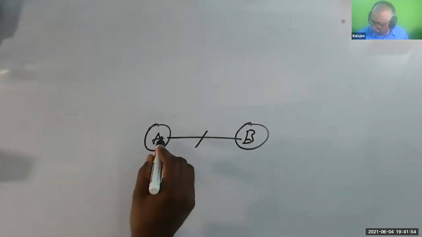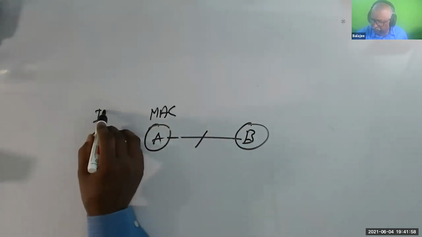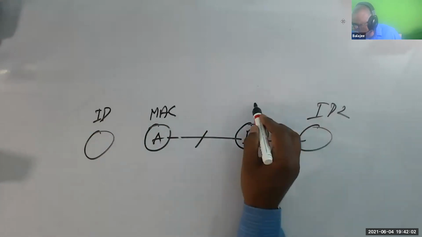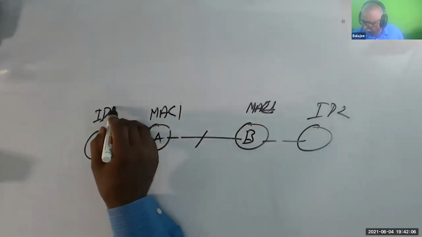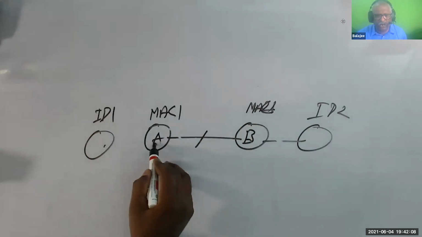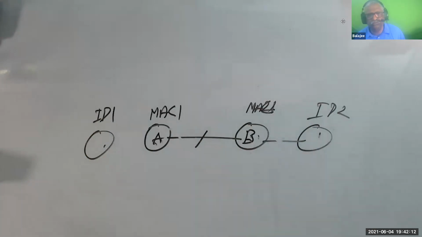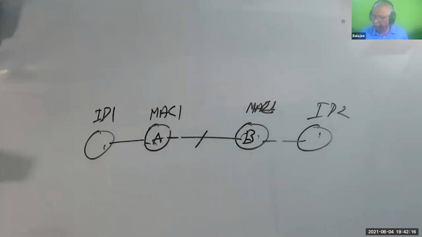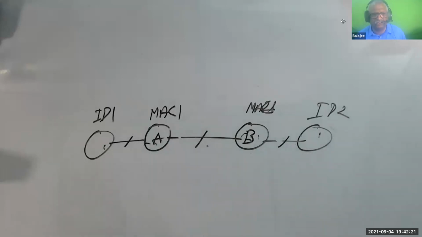Now what happened? The MAC gets the packets from IP, and this guy gives it to the other IP. IP1 gives it to MAC1, MAC1 gives it to MAC2, MAC2 gives it to IP2. Now, in the process, it could be because of MAC, it could be because of IP, the packet is lost.